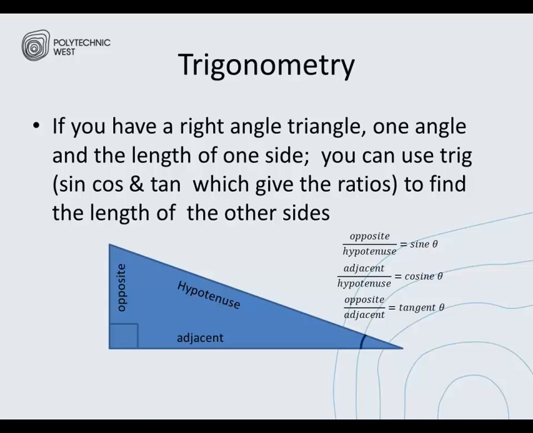That allows you to find the lengths of the other sides. So, trig functions are opposite over the hypotenuse equals sine theta, adjacent over the hypotenuse equals cosine theta, and opposite over the adjacent equals tangent of theta, where the angle is theta.